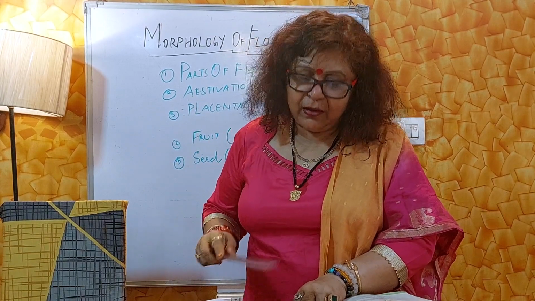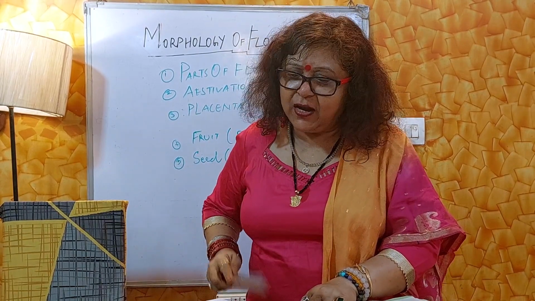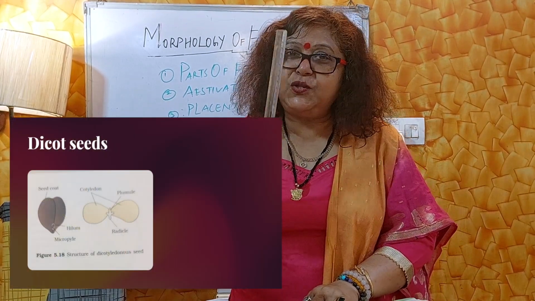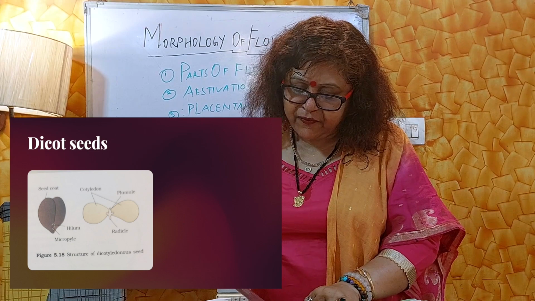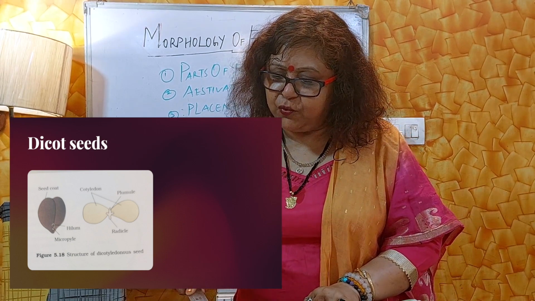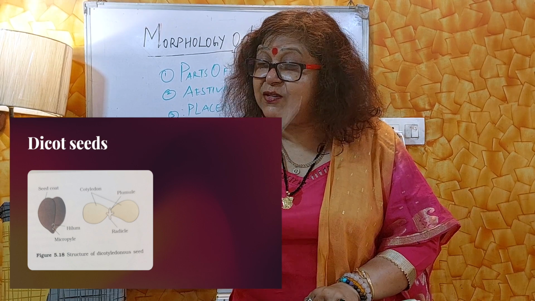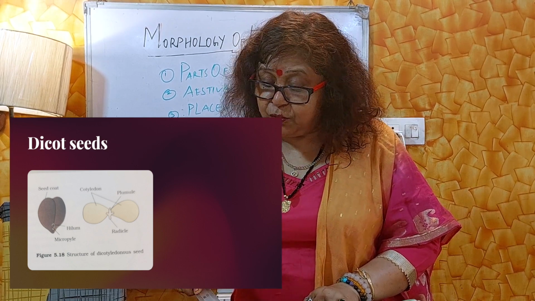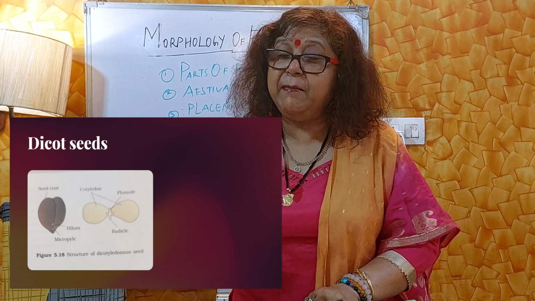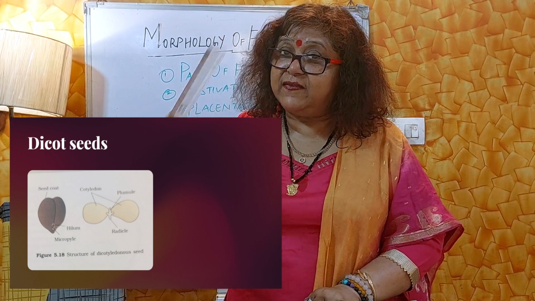There are two types of seed, dicot and monocot. Dicot seeds possess two cotyledons. For example, gram is an example of a dicot seed. Cotyledons store the food. Then you can see two structures called the plumule and radicle in your book. Plumule gives rise to the shoot, radicle gives rise to the root.